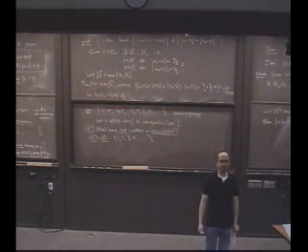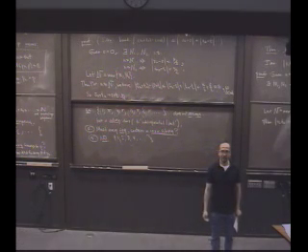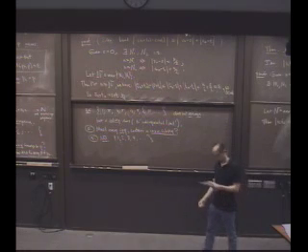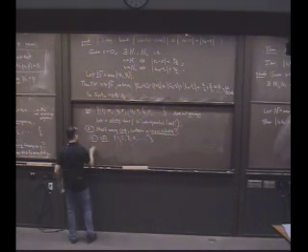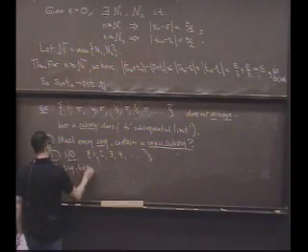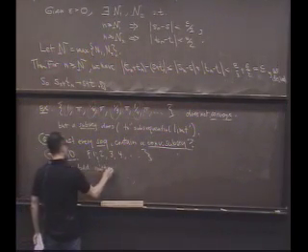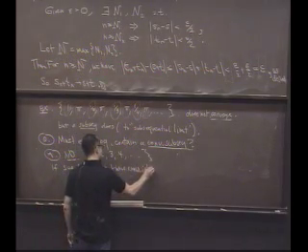Must every bounded sequence have a convergent subsequence? How many people said yes? How many people said no? Okay. Interesting. So if a sequence is bounded, must it have a convergent subsequence?